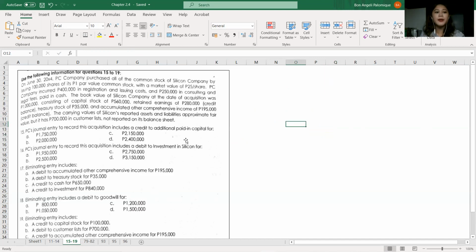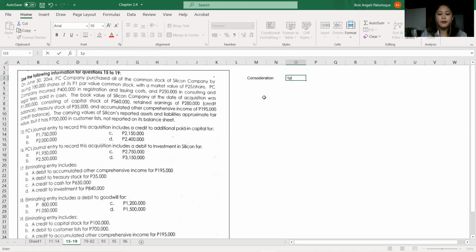Okay, ito naman. Problem 15 to 19. Ang sabi, si PC Company, binili niya lahat ng common stock ni Silicon Company by issuing 100,000 shares. So, sulat mo na, consideration daw niya is 100,000 shares at 1 par value. With a 25 market value or fair market value.